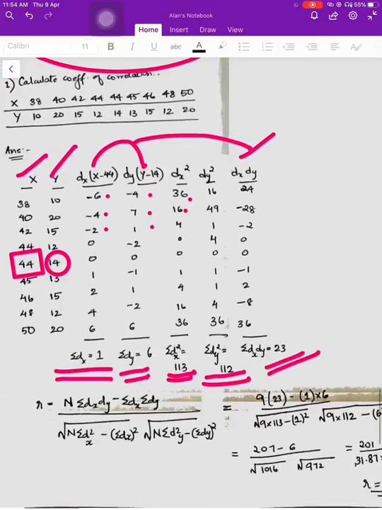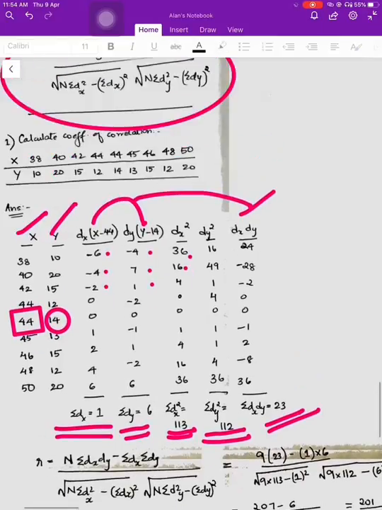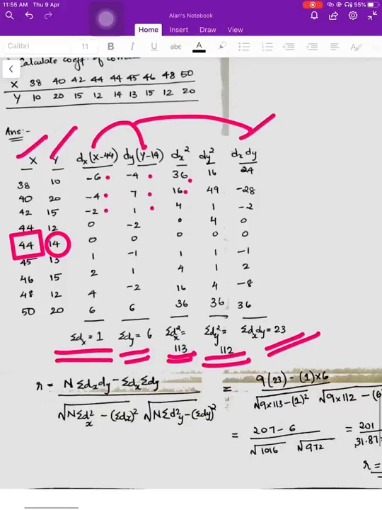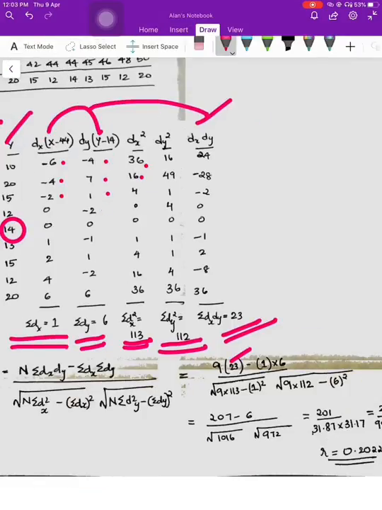Now this is where the formula part comes in. The same formula that I showed you here will be implemented here. So putting in the same formula out here. What is the value of n here? It is 9, and sigma dx dy will be 23, as you can already see here. Then sigma dx will be 1, and sigma dy is 6.